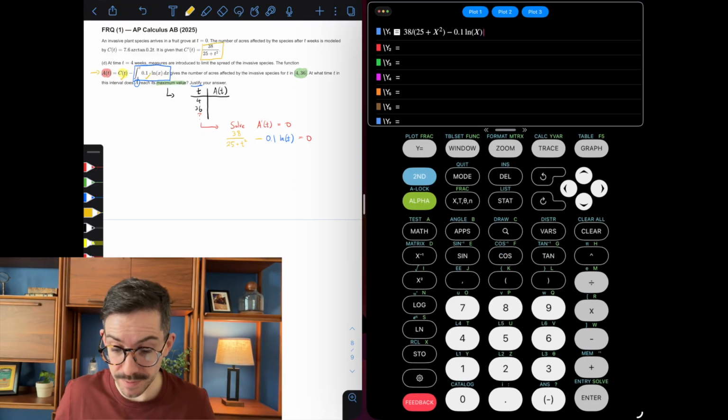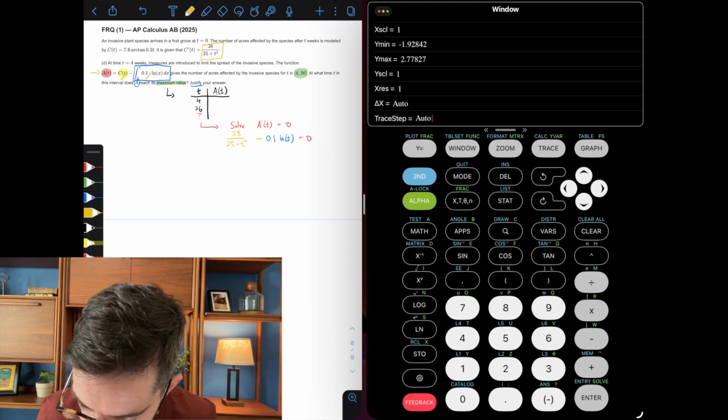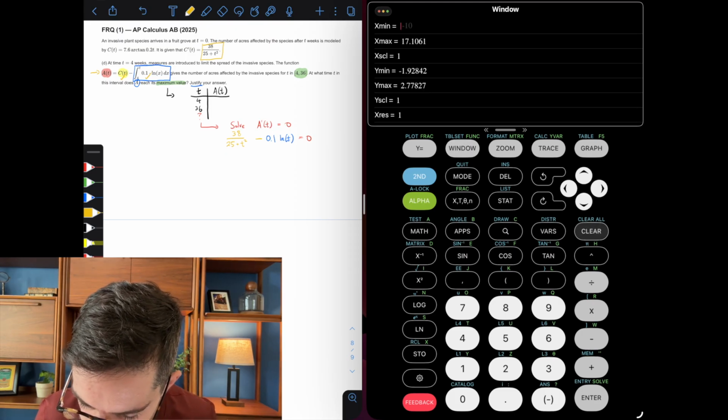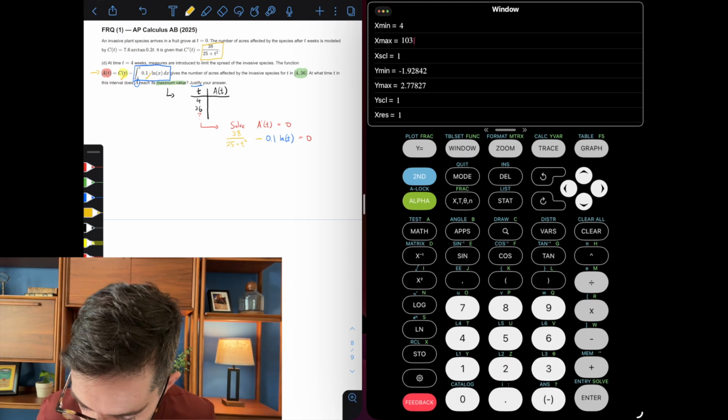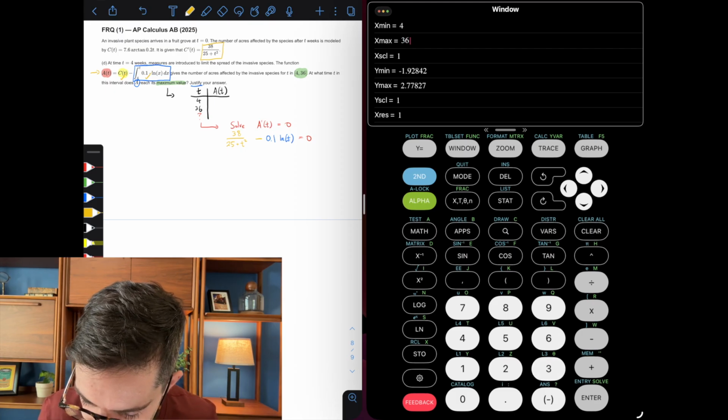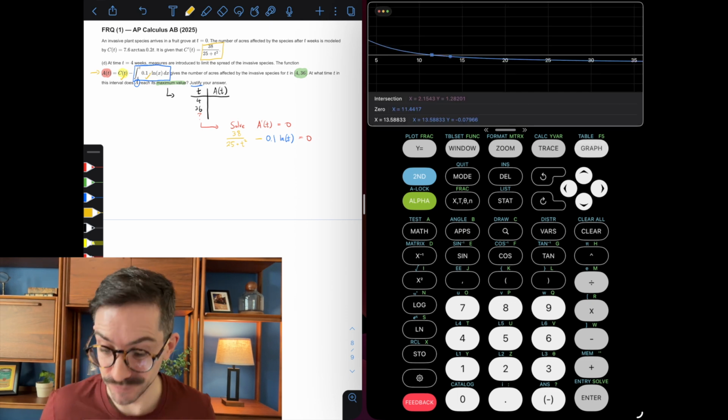So I could just hit graph here, but I'm going to go into my window and clear out these x variables. So I restrict my attention to x being between 4 and 36, because I know that's what I am interested in from the problem.